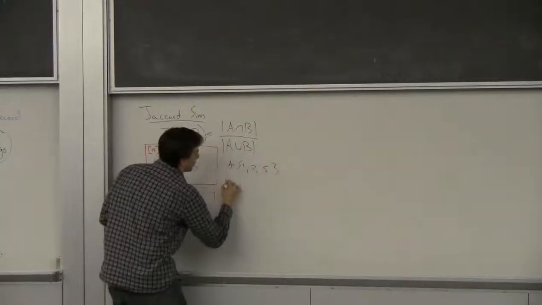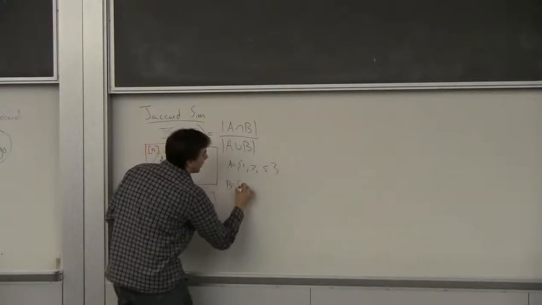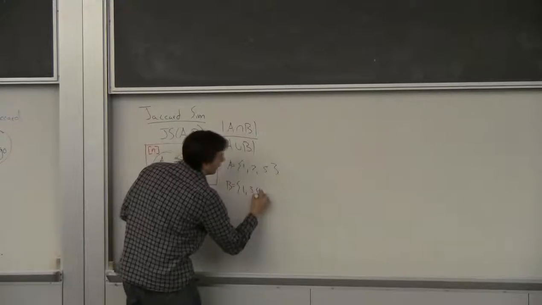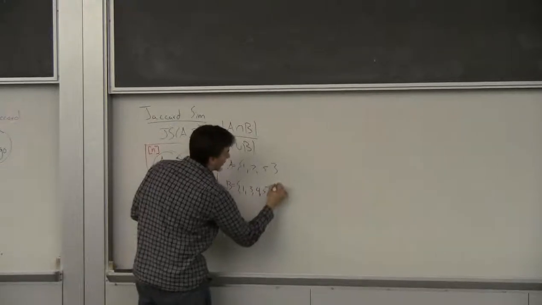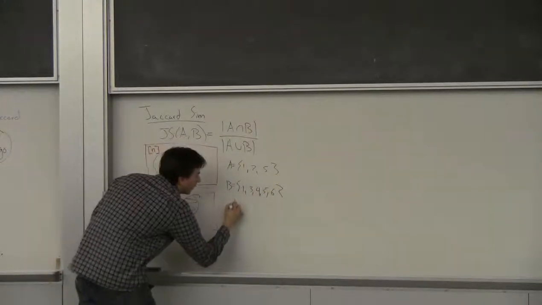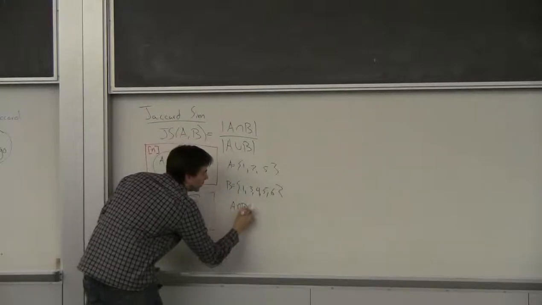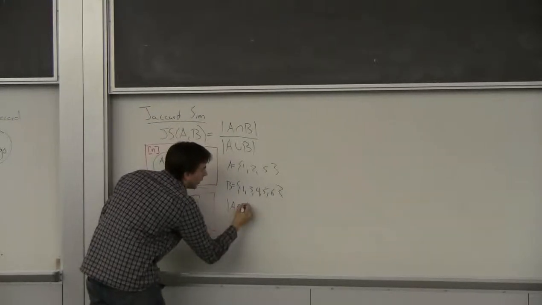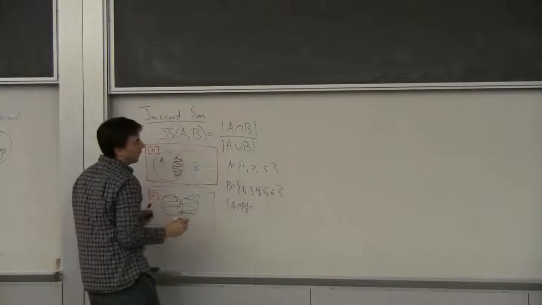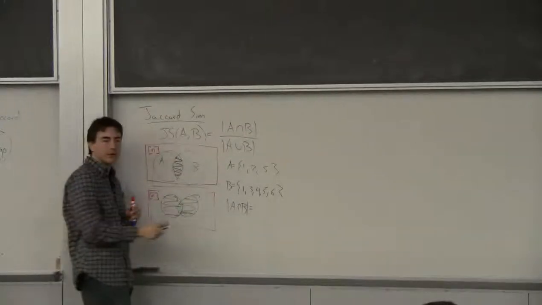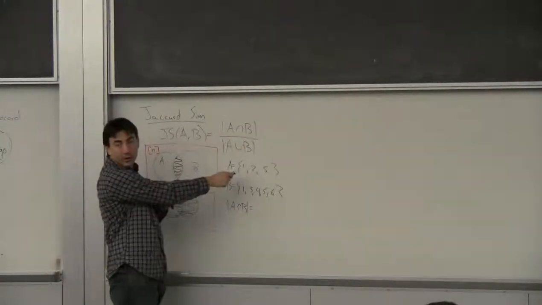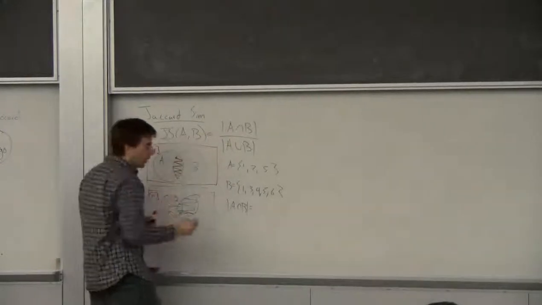So let's say A is {1, 2, 5} and B is {1, 3, 4, 5, 6}. Then A intersection B is going to be, and just so it's clear, in set notation you have the curly brackets around the set of things.